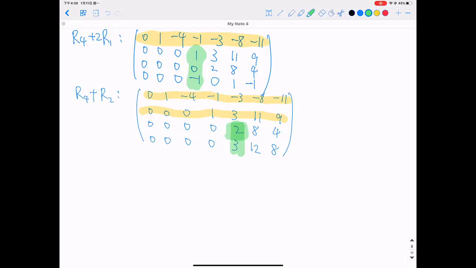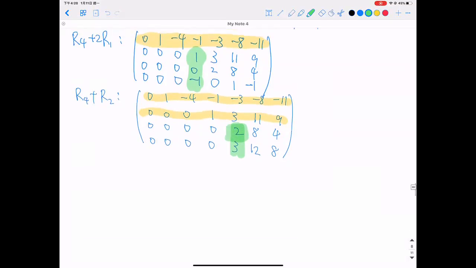So we will do the following: R4 minus 3/2 of R3.